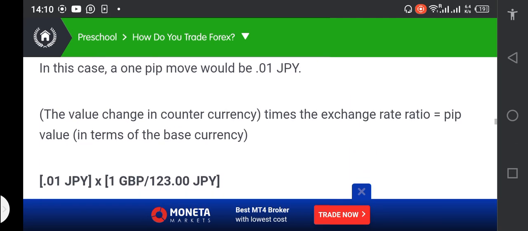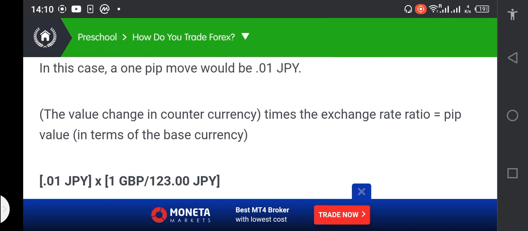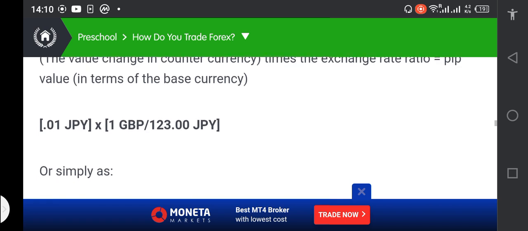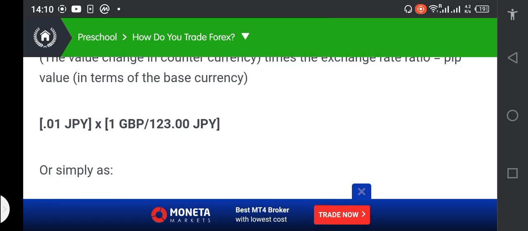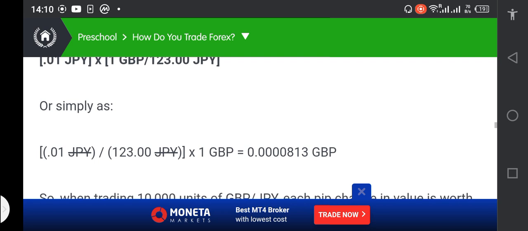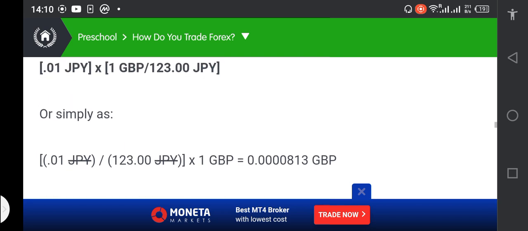The value change in the counter currency times the exchange rate ratio gives the pip value in terms of the base currency. So 0.01 JPY times 1 GBP against 130.00 JPY, or simply 0.01 over 130 times 1 GBP.